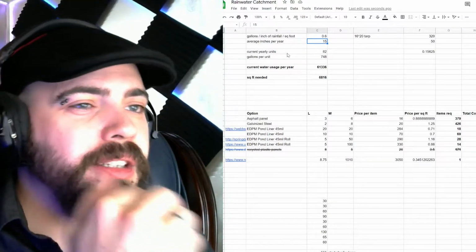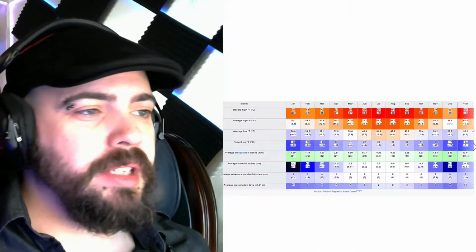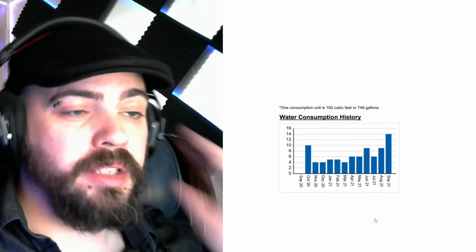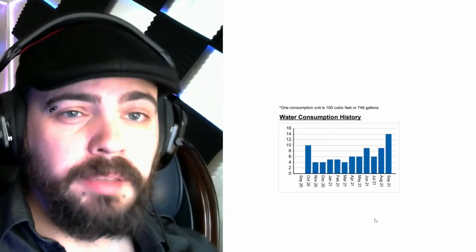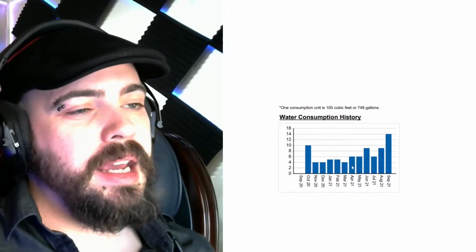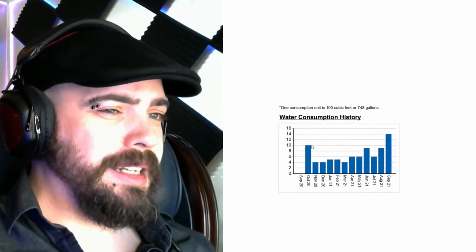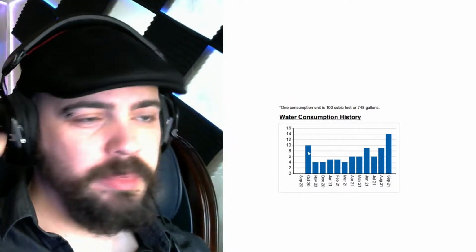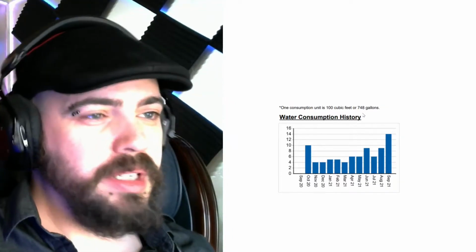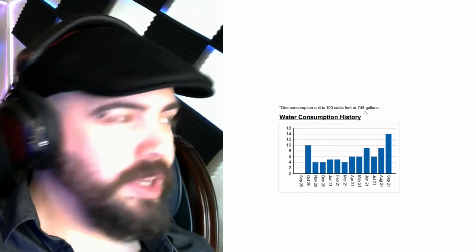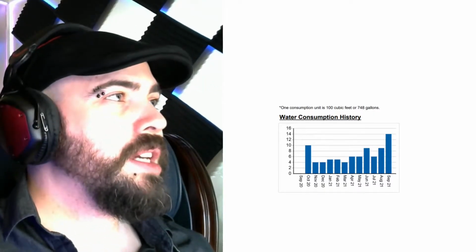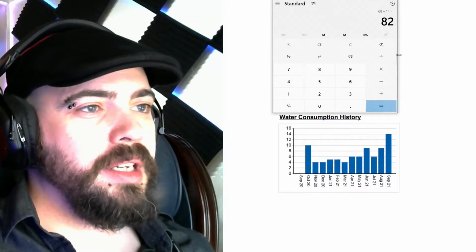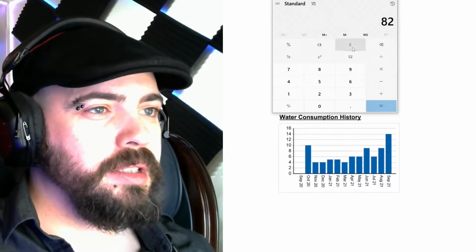So current yearly units and then gallons per unit. This comes from our actual water consumption history, on our water bill. They give us this handy dandy little chart here that tells us how many water units we've consumed, which seems weird. One consumption unit is equal to 748 gallons. If we add all this up, it equals 82, but we can do it here real quick.